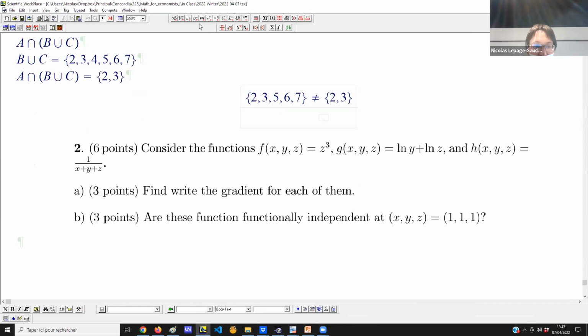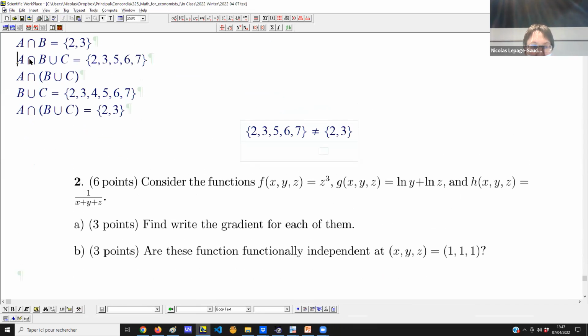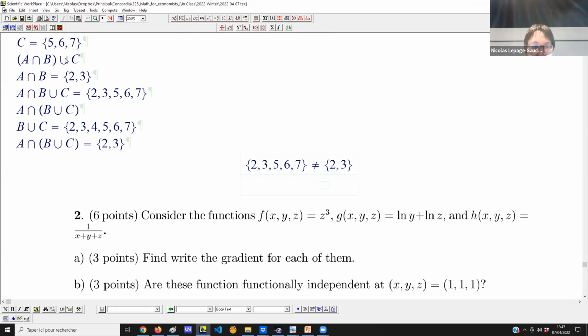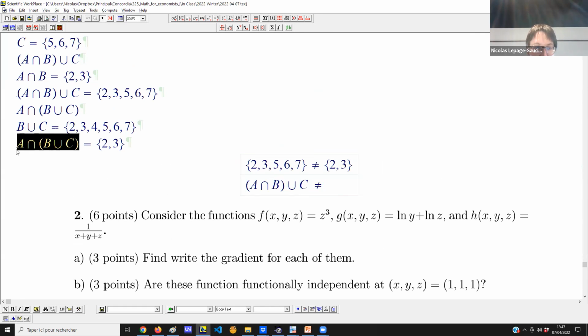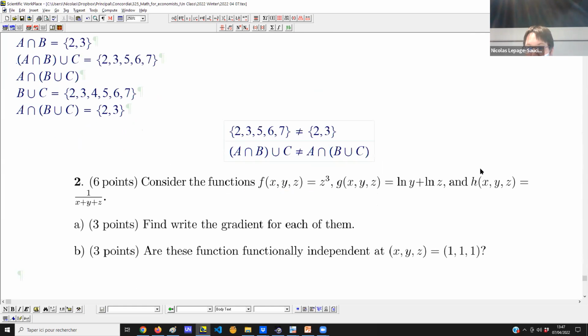Consider the functions f of x, y, z equals z cubed, g of x, y, z equals log y log z, and h of x, y, z equals 1 over x plus y plus z.